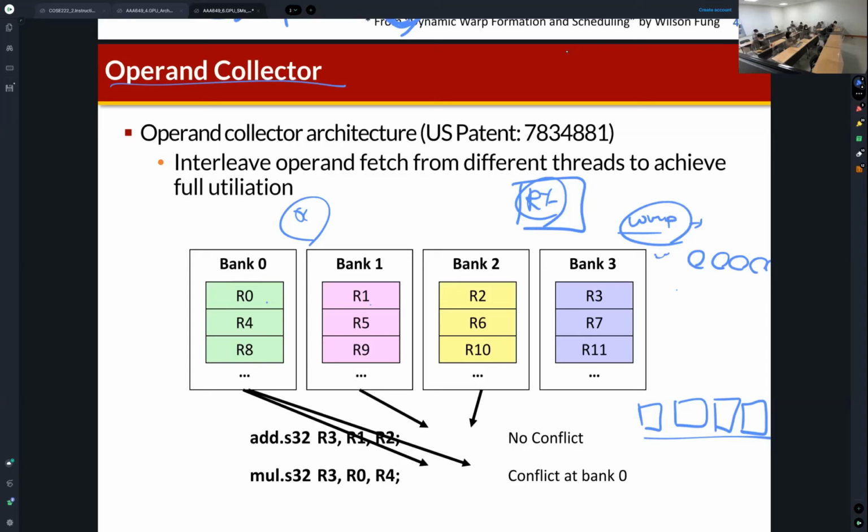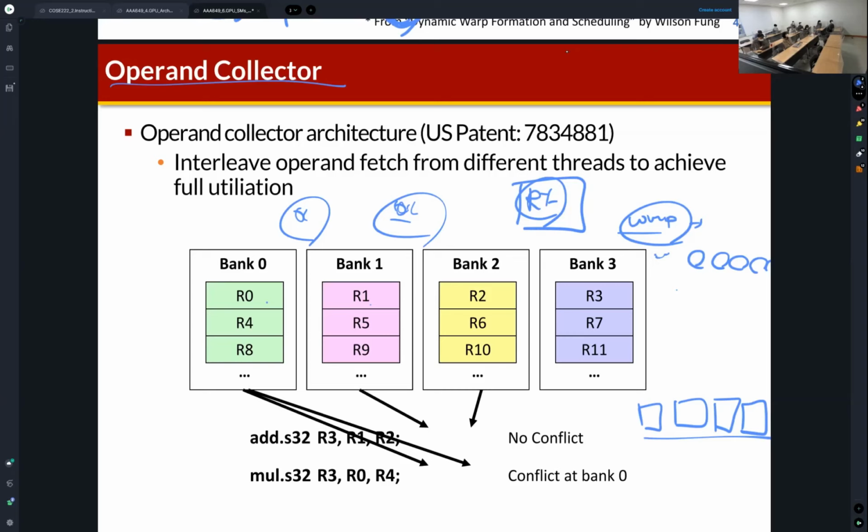Because a bank is an independently working component in the memory system. So the GPU register file is also composed of multiple banks, and based on the register number, the operand collector collects the requested data from the register file on multiple banks.